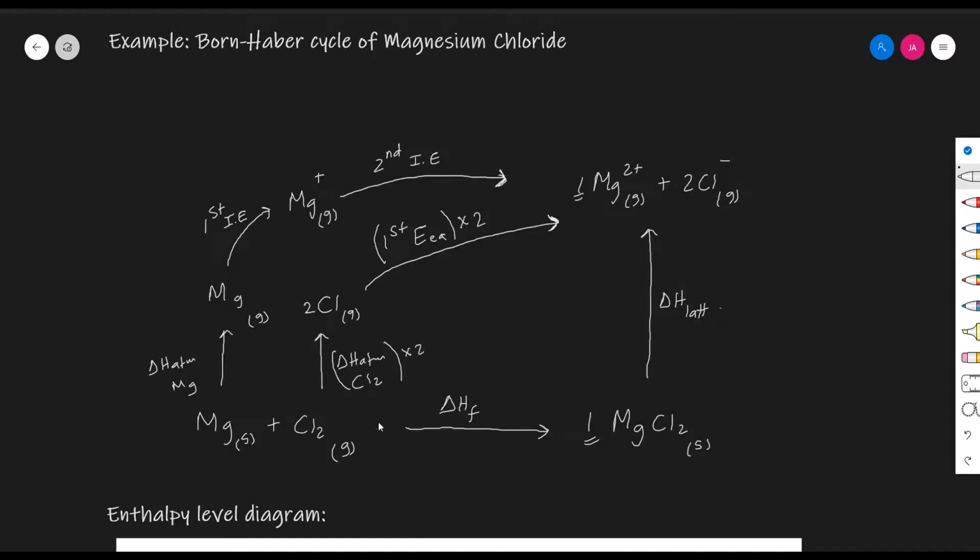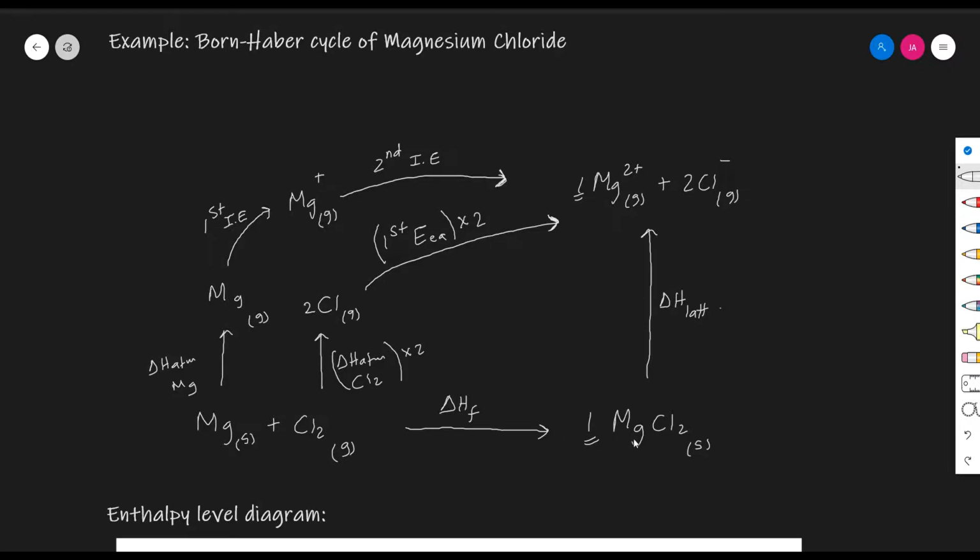And the next step I did was to list its enthalpy change of formation process in this direction over here, which is the enthalpy change when 1 mole of this ionic solid is formed from its constituent elements in their standard state under standard conditions.